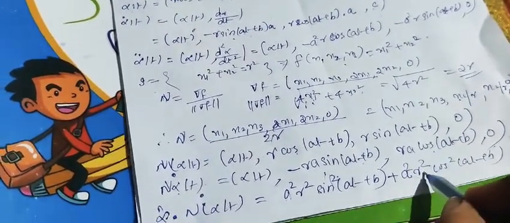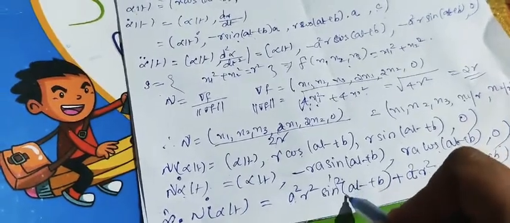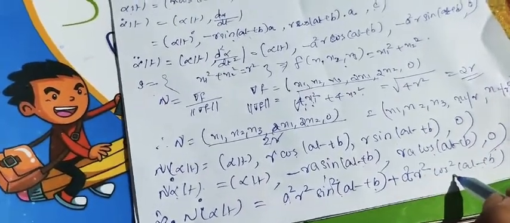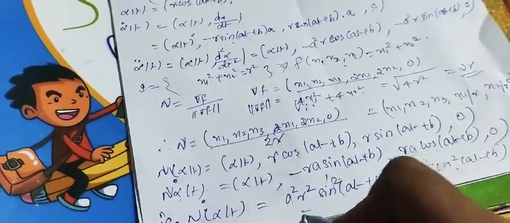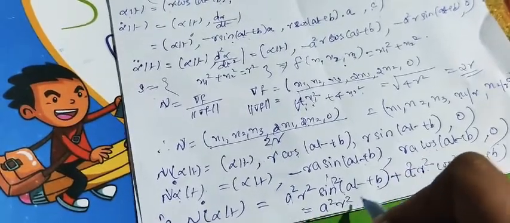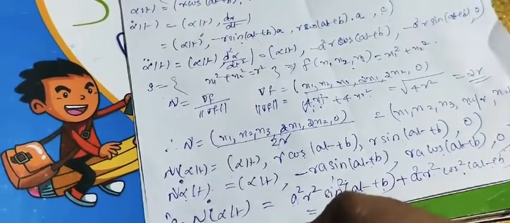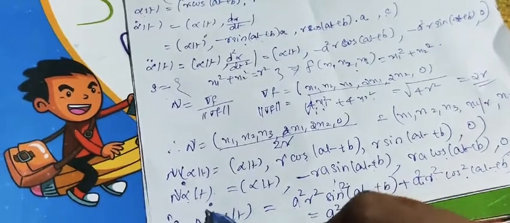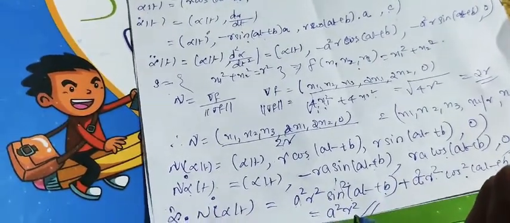So a square r square is common, sin square plus cos square is 1. So that is equal to a square into r square. So alpha dot into n of alpha dot is a square into r square.